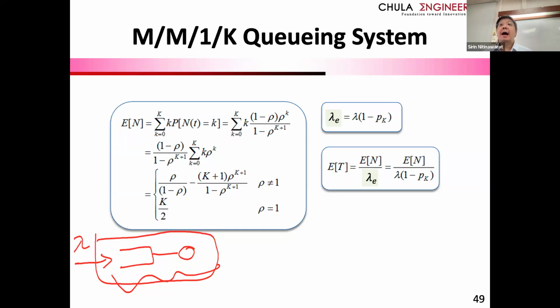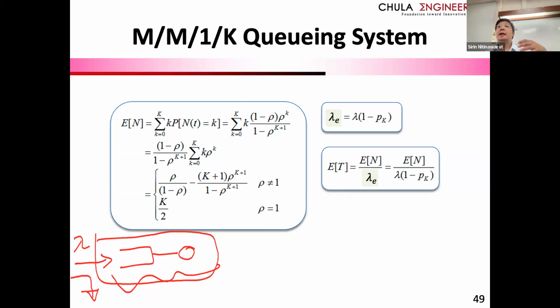When we derive Little's formula with AT and DT, did we consider any rejection? No, right? So now that there is rejection, how do we have to modify Little's formula? Because remember, a rejected customer will not enter the system at all.